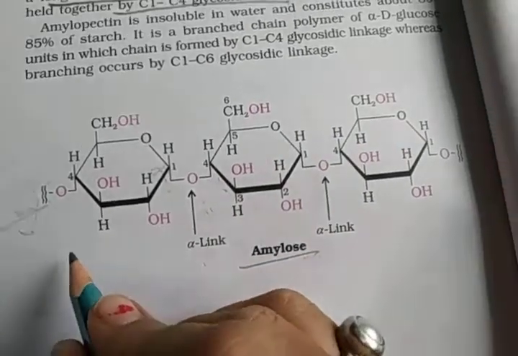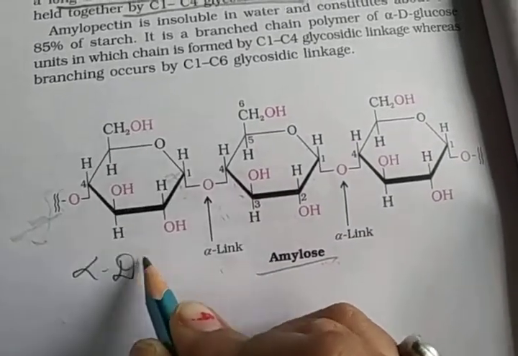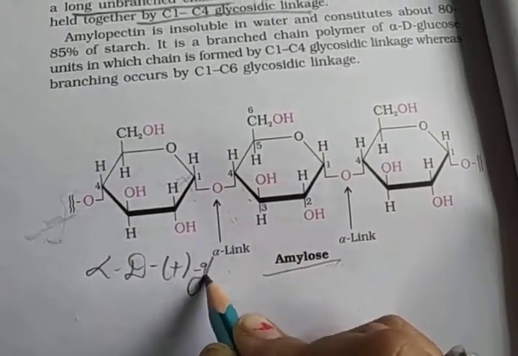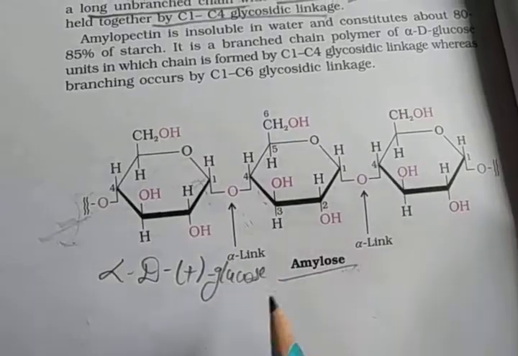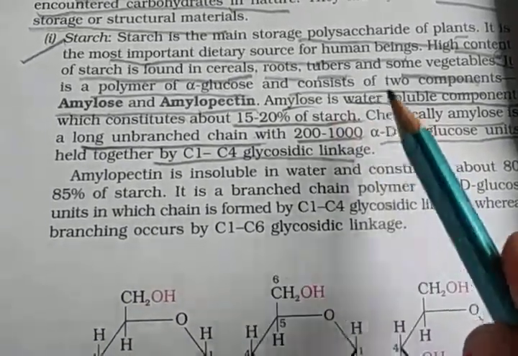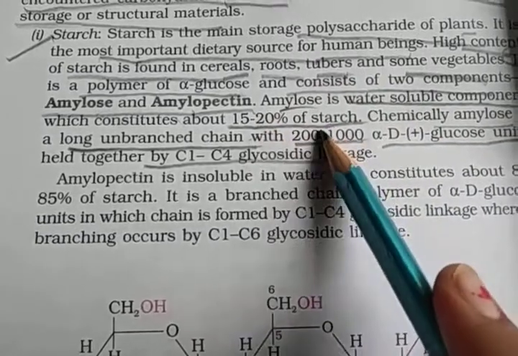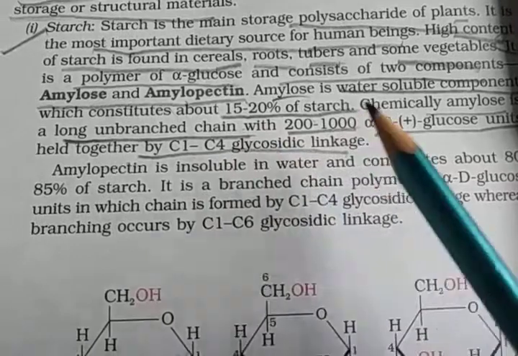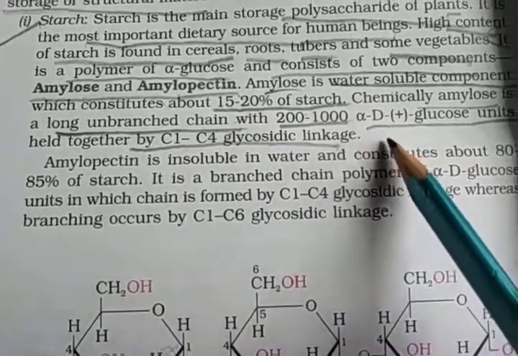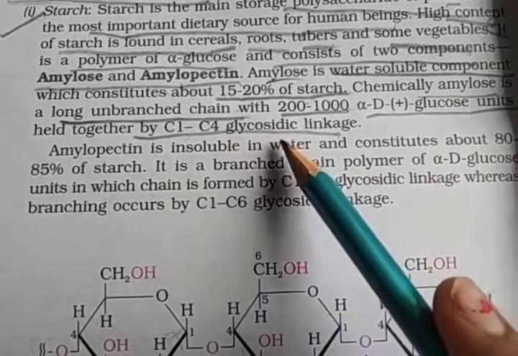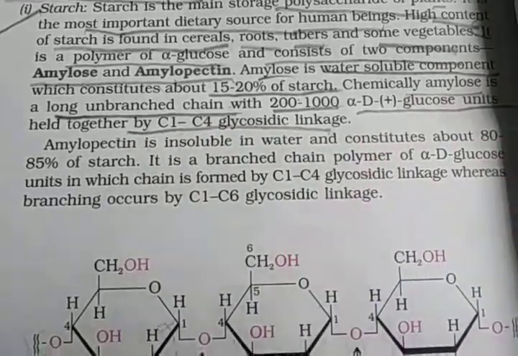But this is the alpha D plus glucose. Okay, so amylose is water soluble, constituting about 15 to 20% of the starch.